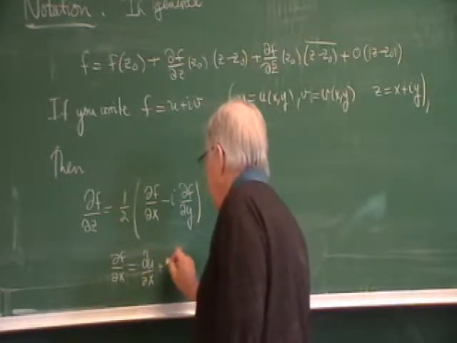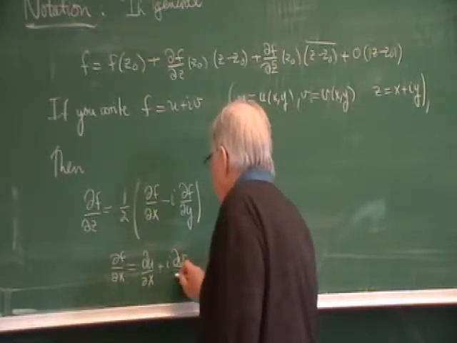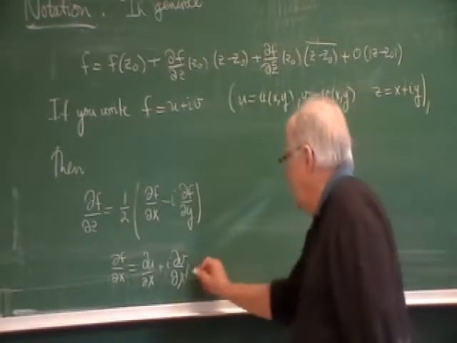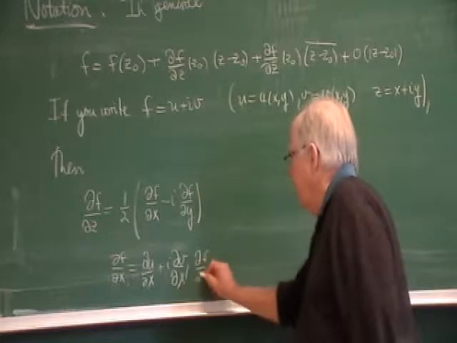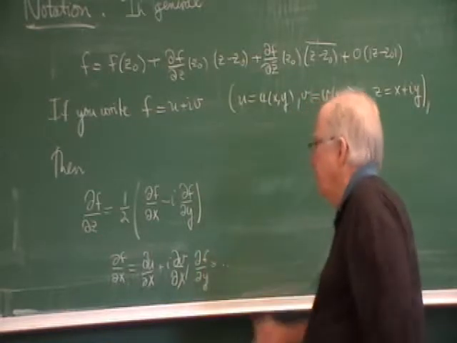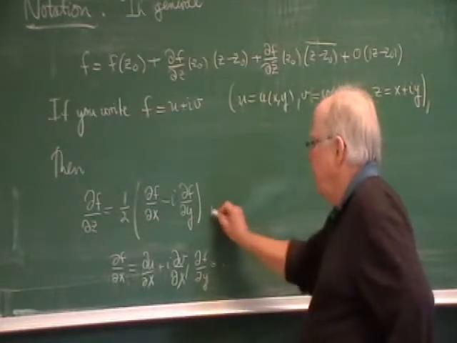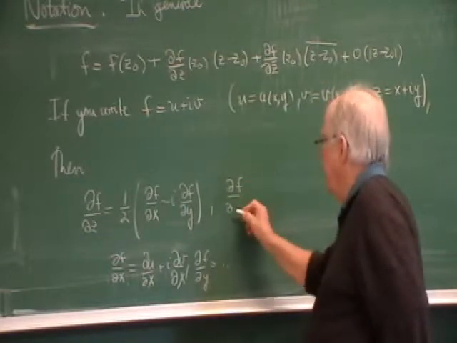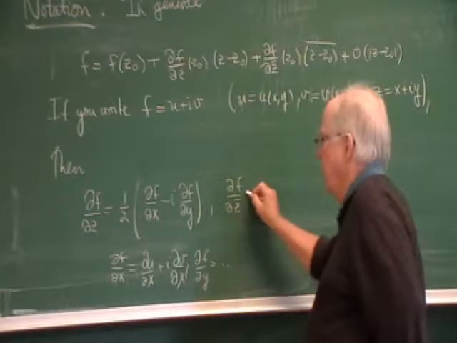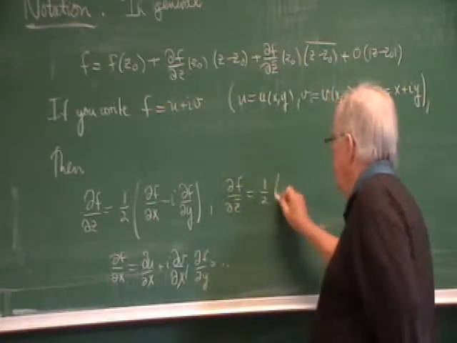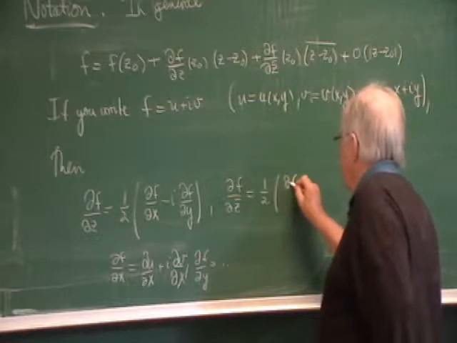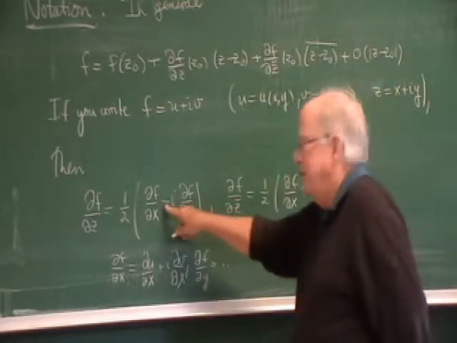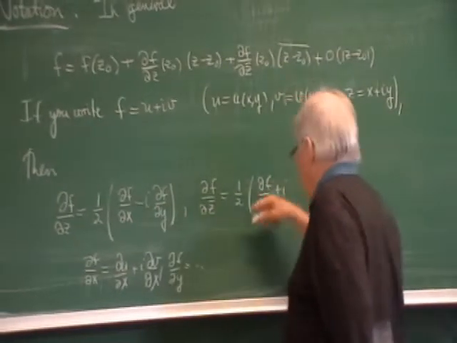I'm just writing all these things down to make you mad at me because it's boring, but similarly, the partial of f with respect to y is a similar calculation, and you will check easily then what these things are. With respect to z bar, there's a half always, and here is plus. There's a reason here, it's interesting, here's a minus, and then you bar it. Well, you bar it, you get a plus.